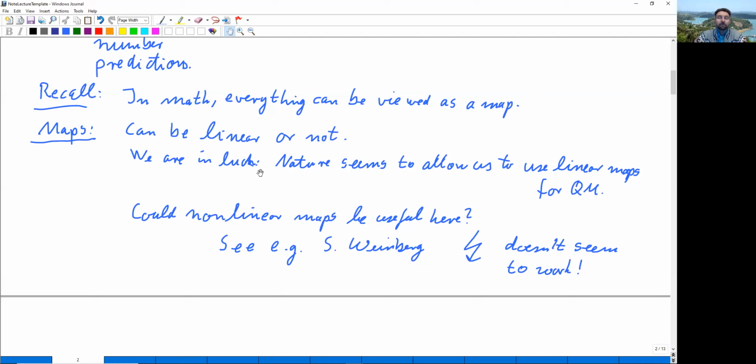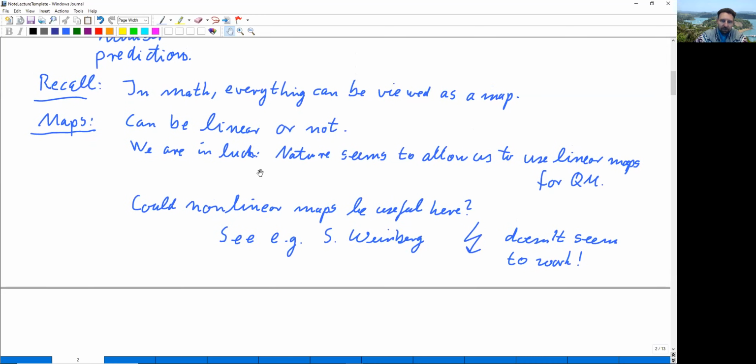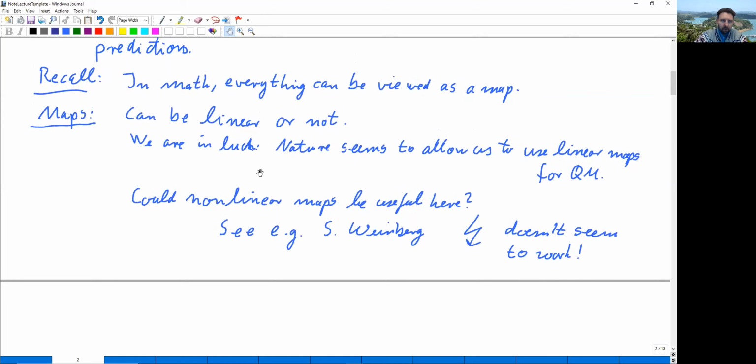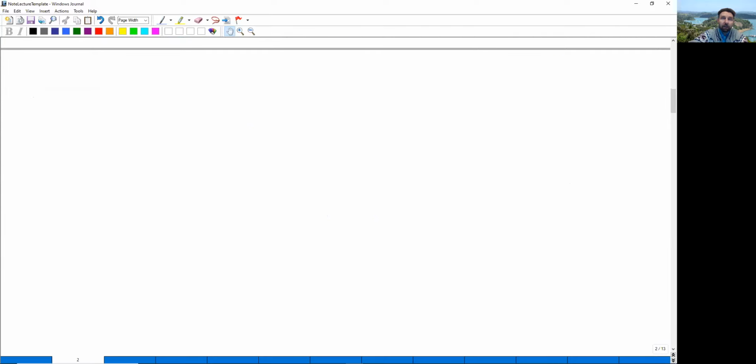Choices you can make for representing quantum mechanics one way or the other. And not just the Schrödinger equation. I want you to understand all of the equations of quantum mechanics very deeply, and that's why we do this on this level of abstraction. All right, so we've settled on linear maps. Now, linear maps come in different forms. It's not like there's only one kind of linear maps.